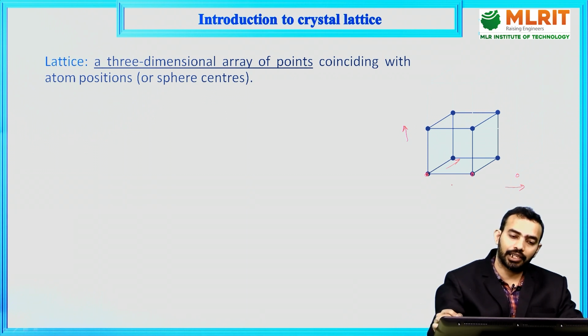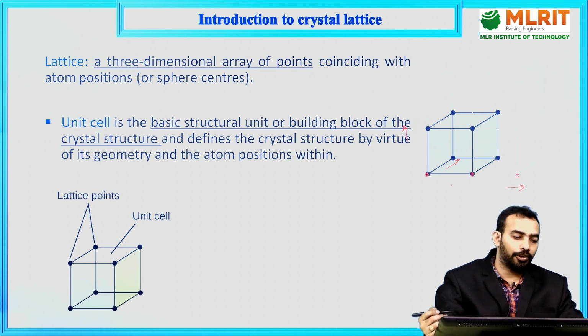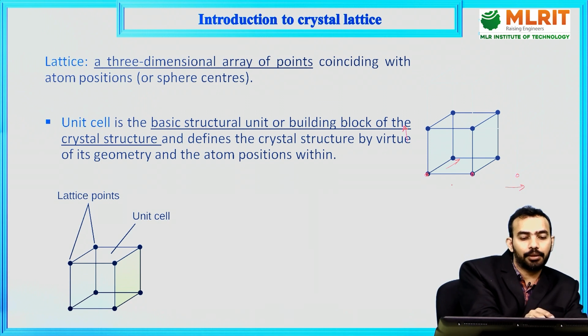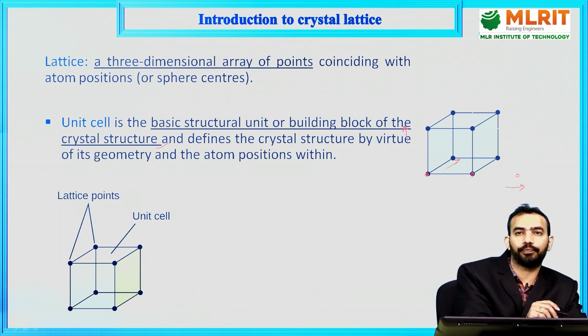This three-dimensional array of points coinciding with the atom positions is considered to be a crystal lattice. A unit cell is the basic or fundamental crystal unit, the building block of your crystal structure. So the fundamental building block of your crystalline lattice is termed a unit cell.